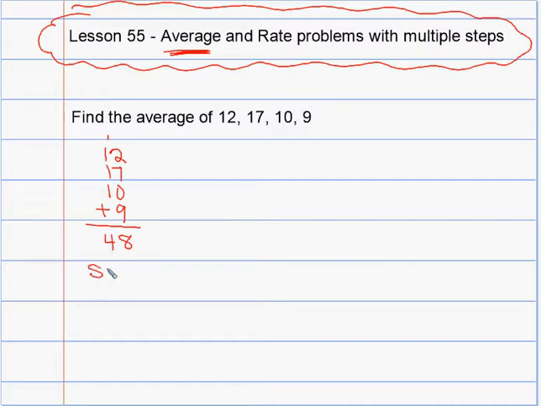So I take the sum and then divide that by the number of numbers, and that is going to equal 12. That equals our average. Okay, so we add up all the numbers, we divide by the number of numbers, and we get our average. So it's good to remember this process because we're going to work it backwards.